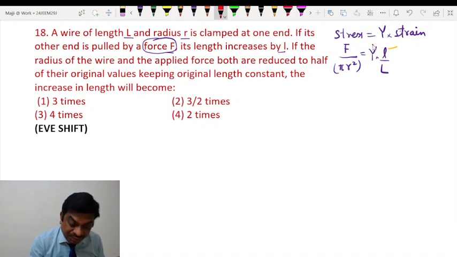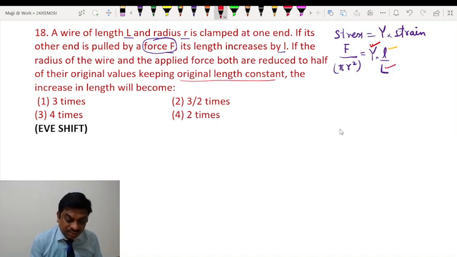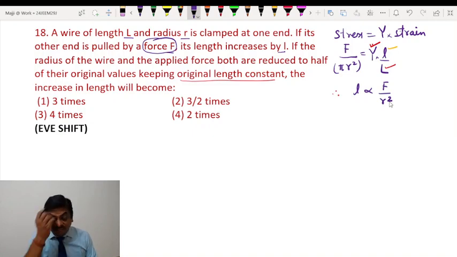Naturally, Y is a constant, students, because it is the same material. Keeping the original length constant means this capital L is also constant. So we can clearly see that the increase in length is directly proportional to the ratio F by R square. This will be the next step, students.